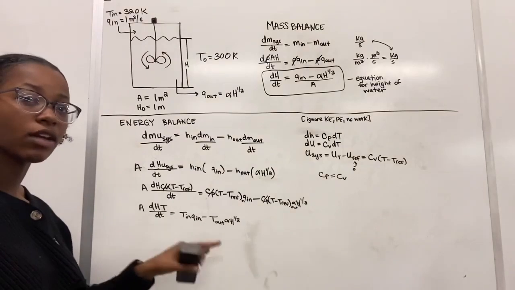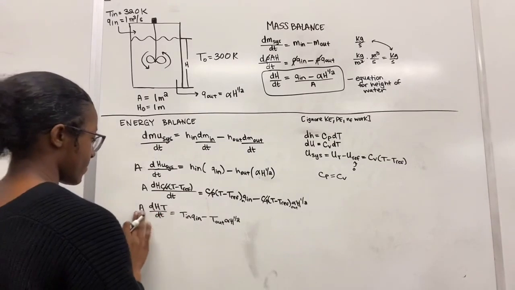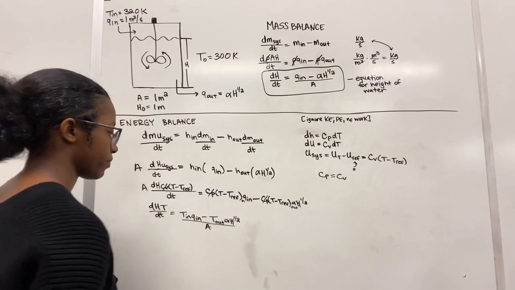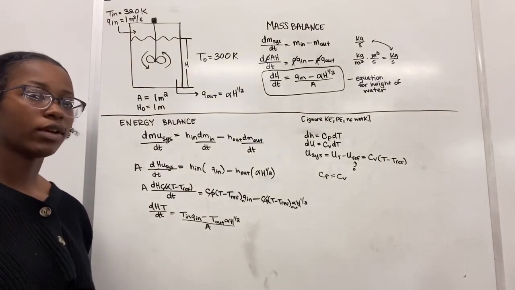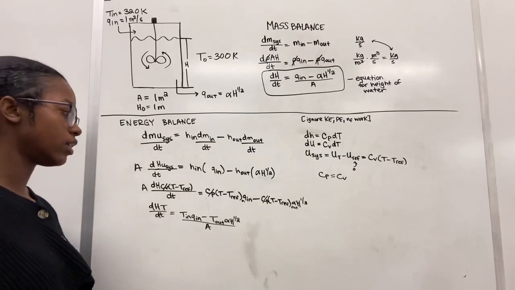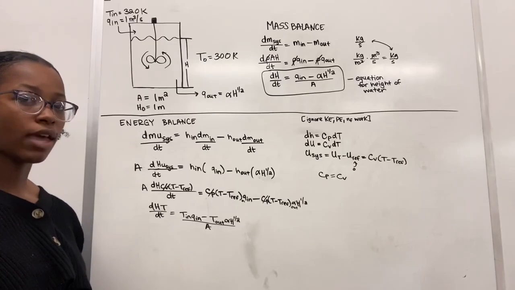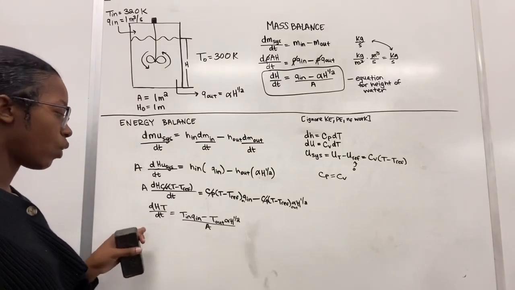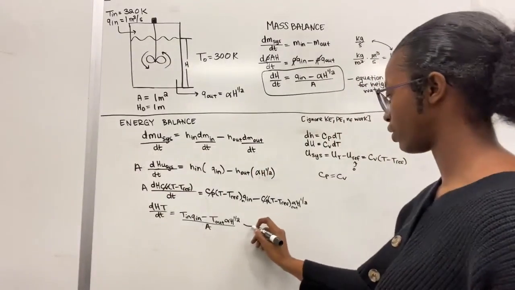And we can divide all of this by our cross-sectional area A. And so from here, we are going to want to isolate the change in the temperature with respect to time. So to do that, we're going to apply the chain rule to our derivative on this side. So I'll bring this over here.